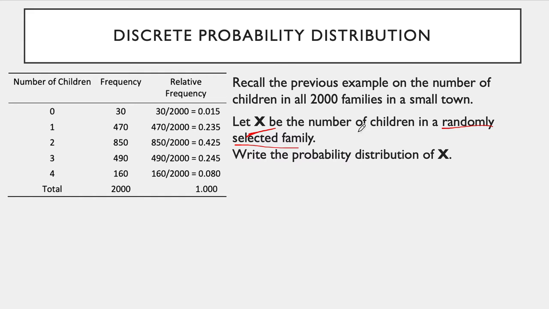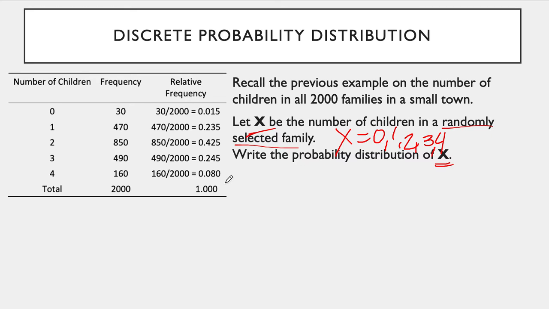So x assumes the values of 0, 1, 2, 3, and 4. We are tasked to write the probability distribution of this big X, our random variable for the number of children.